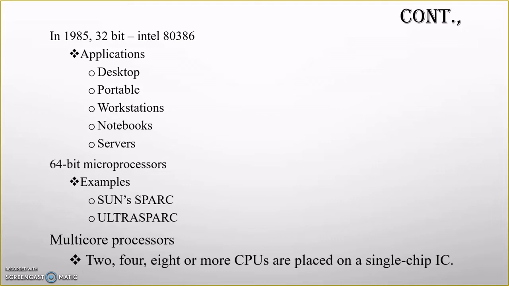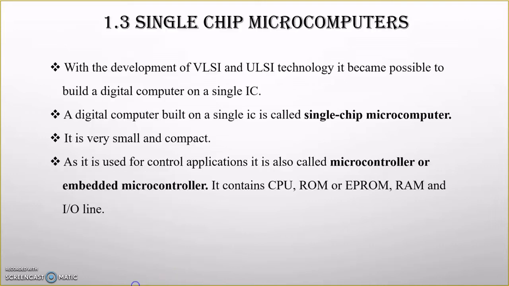And then 64-bit microprocessors were also developed. The examples for 64-bit microprocessors are Sun Spark, Ultra Spark. Multi-core processors contain 2, 4, 8 or more CPUs on a single integrated circuit.